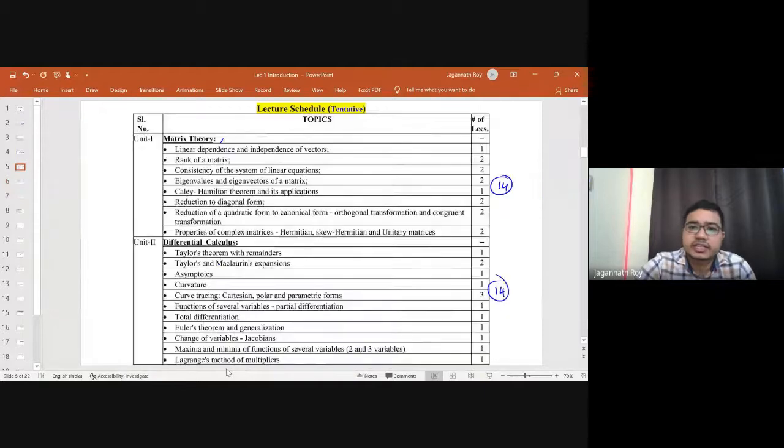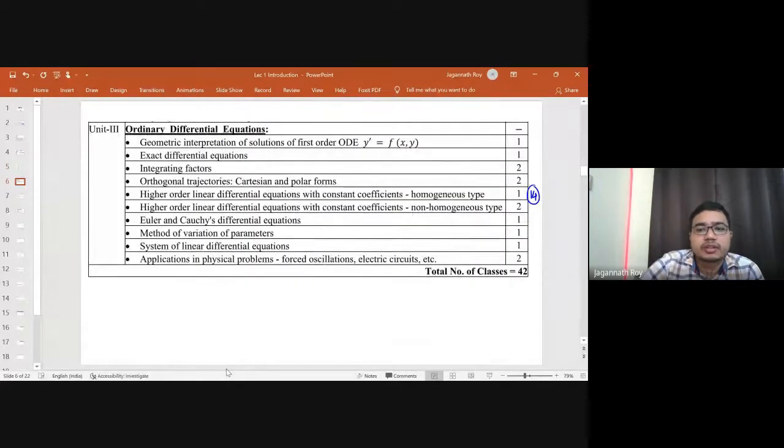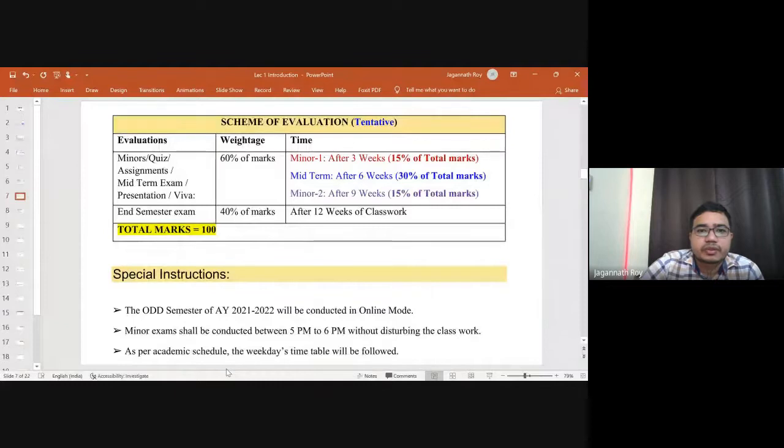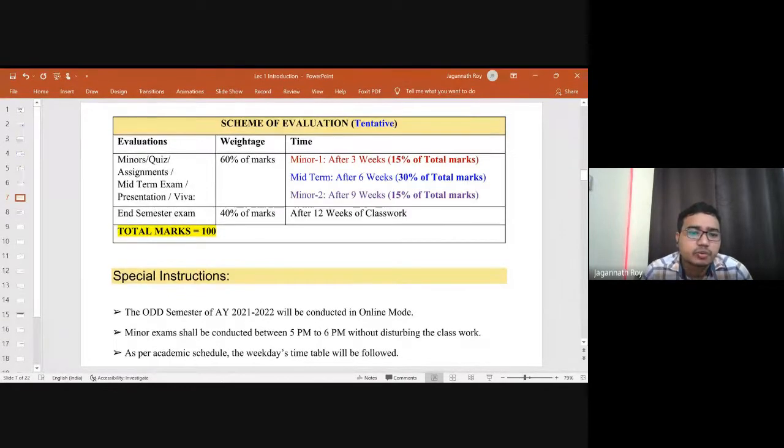But since this is tentative, sometimes it can take more time also or less time also. So depending on the situation, we will. But yeah, apart from this, from this academic year, we are implementing the new education policy.